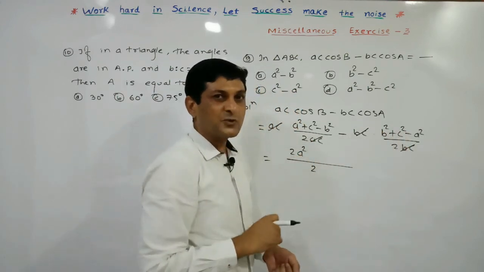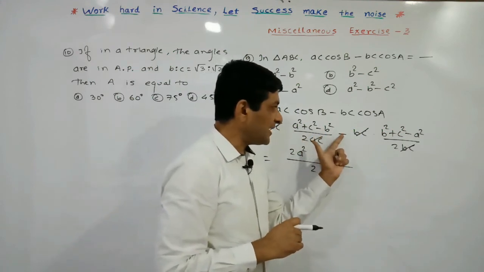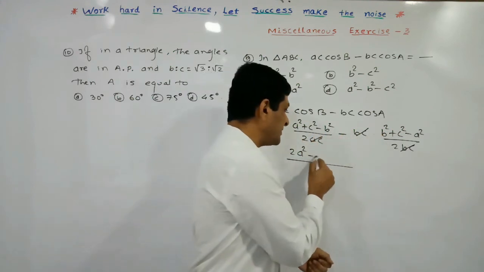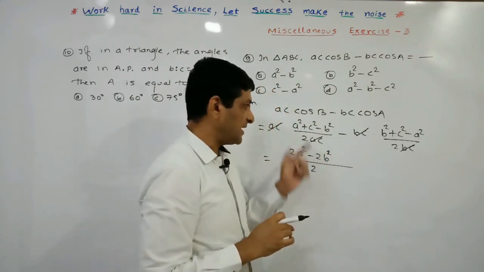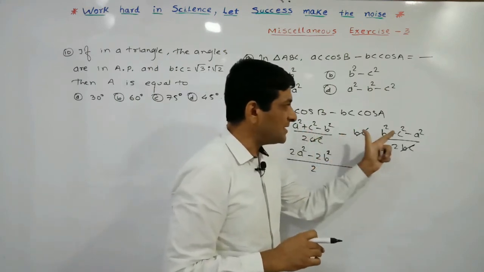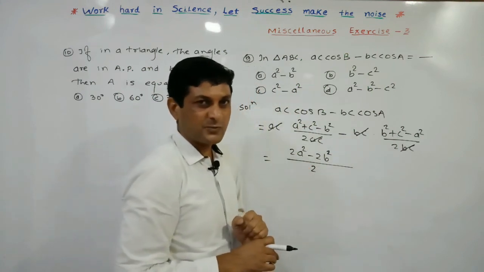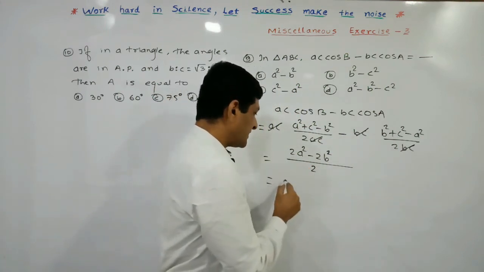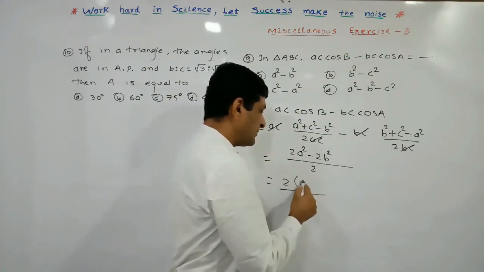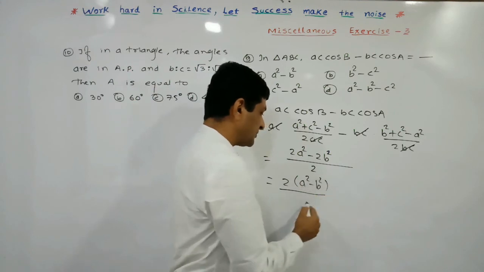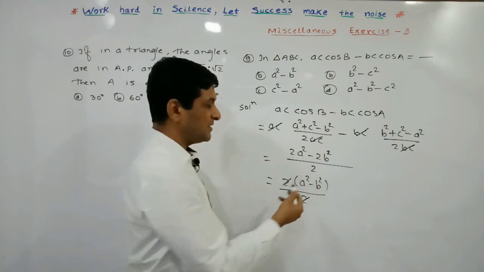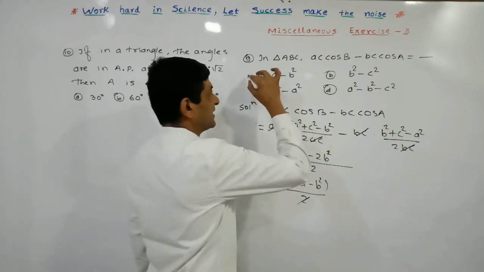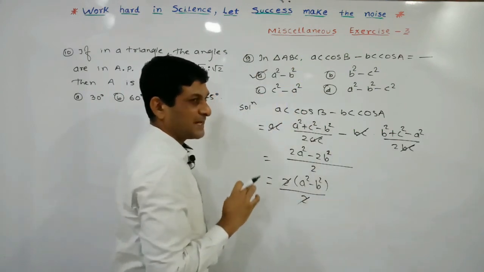Now collect the terms of b square: minus b square and this minus b square will become minus 2b square. Lastly collect the terms of c square: plus c square and minus into c square means minus c square will get cancelled. If we take 2 common, what is the remaining term here? A square minus b square upon 2, keep it as it is. 2 will get cancelled, and what result are we getting here? A square minus b square. So option A will be the correct answer here.